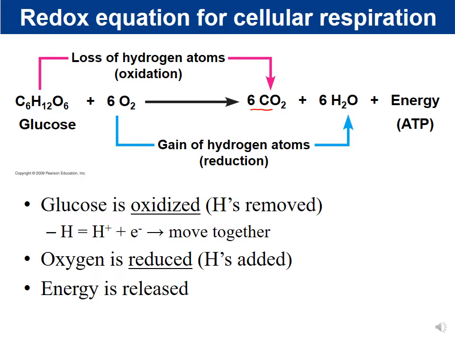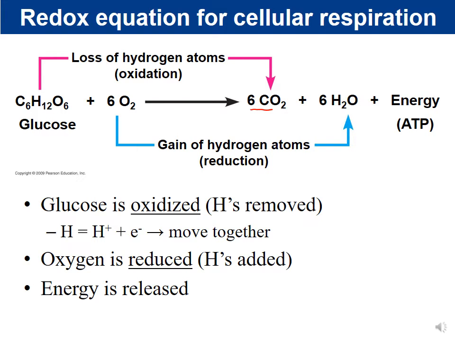So we're going to break glucose down completely into the inorganic carbon dioxide. When we break those bonds, the electrons are going to be released. And you're going to see in a minute that those electrons get put on an electron carrier. So we say that glucose becomes oxidized.